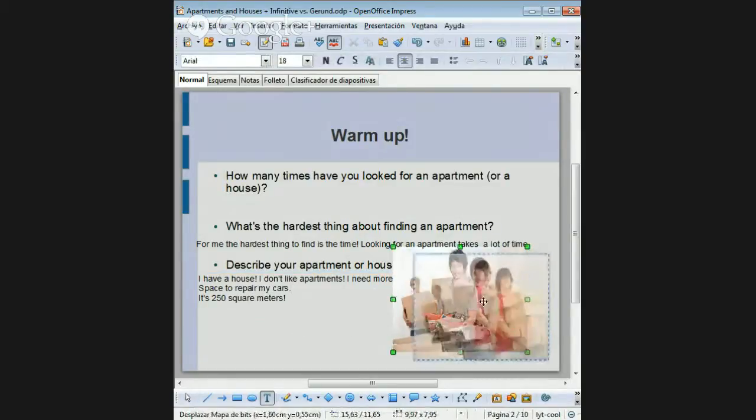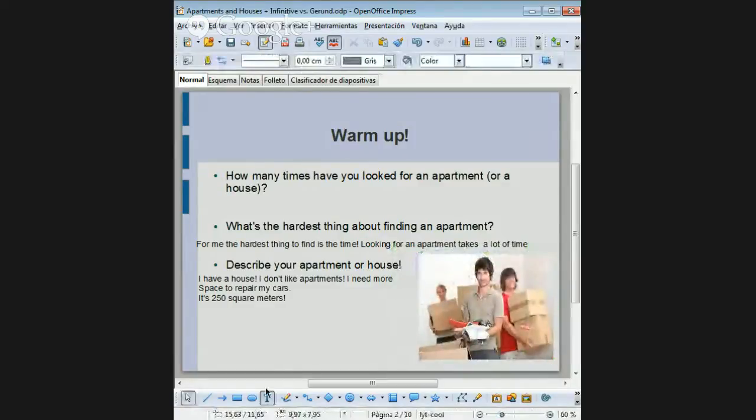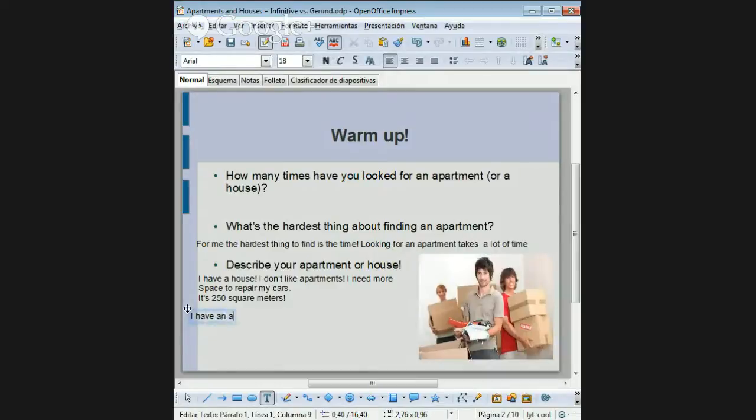Yeah, I have an apartment with 2 rooms, not very large or big. My apartment is only 50 square meters, and I would like a bigger one, but it's not possible for me now.